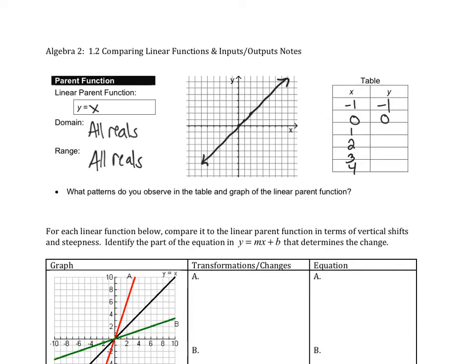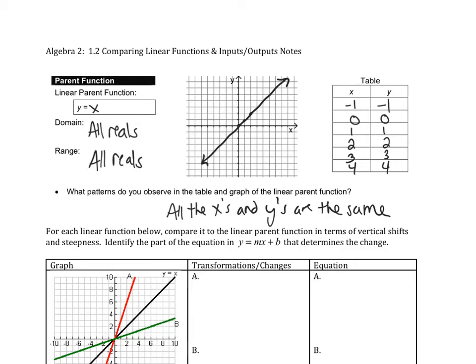My answer for 0 is 0, 1 is 1, 2 is 2, 3 is 3, 4 is 4. So what patterns do you observe in the table and graph of the linear parent function? Well, in y equals x, all the x's and y's are the same.